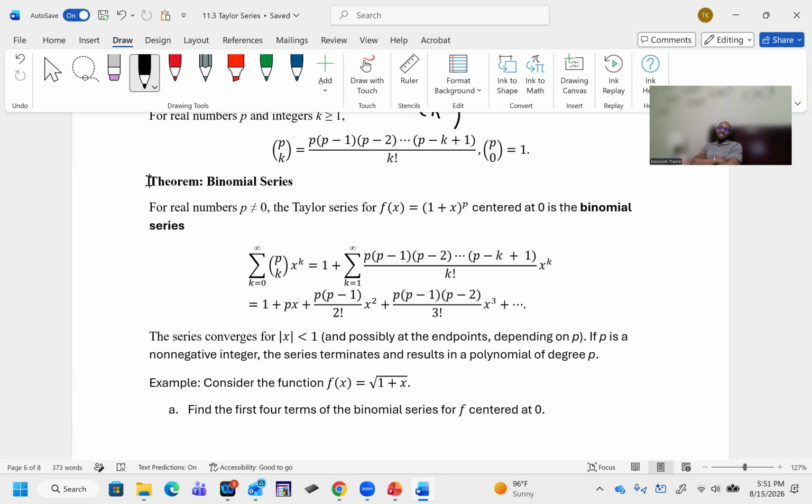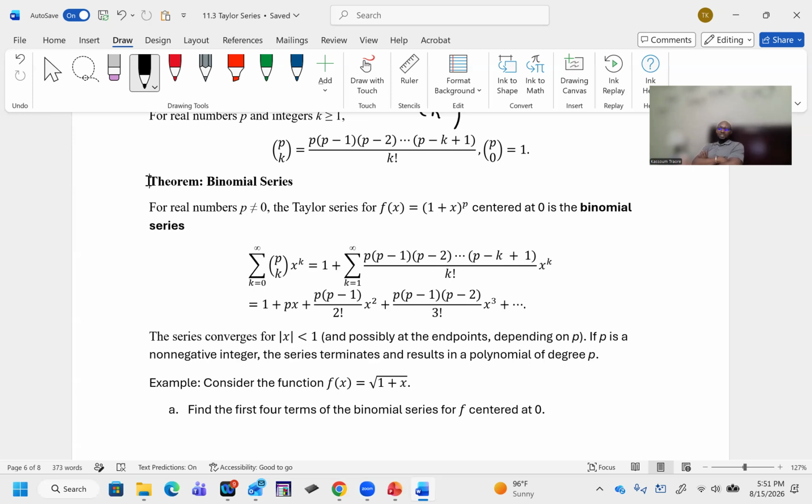The sum from k is equal to 0 to infinity, P choose k times x to the power of k, which is equal to 1 plus the sum from k start from 1 to infinity, p times p minus 1 times p minus 2, up to times p minus k plus 1, divided by k factorial times x to the power of k.